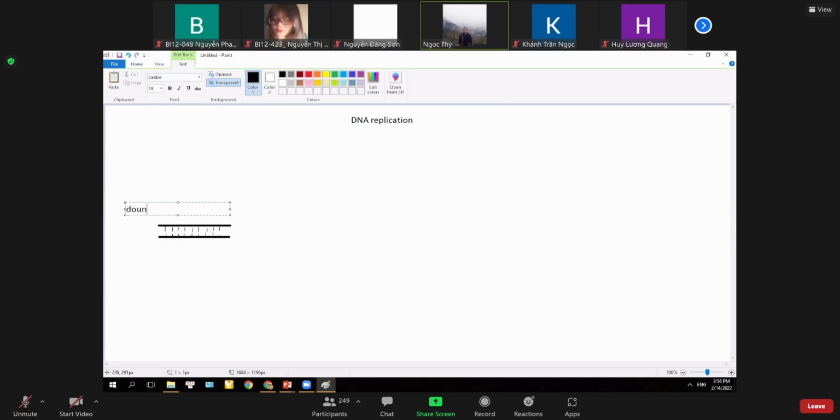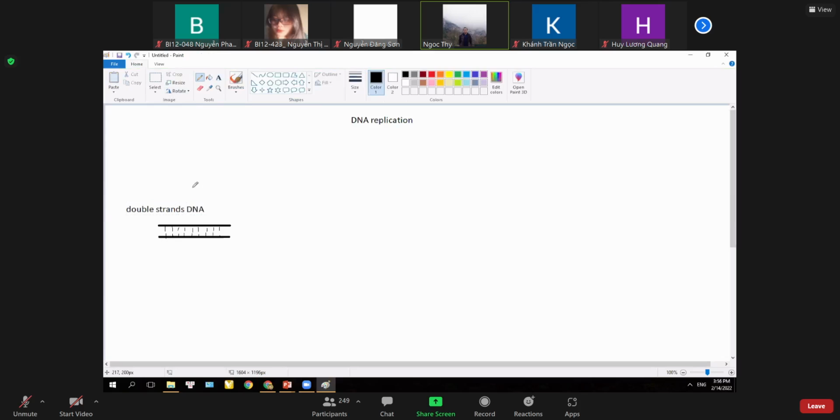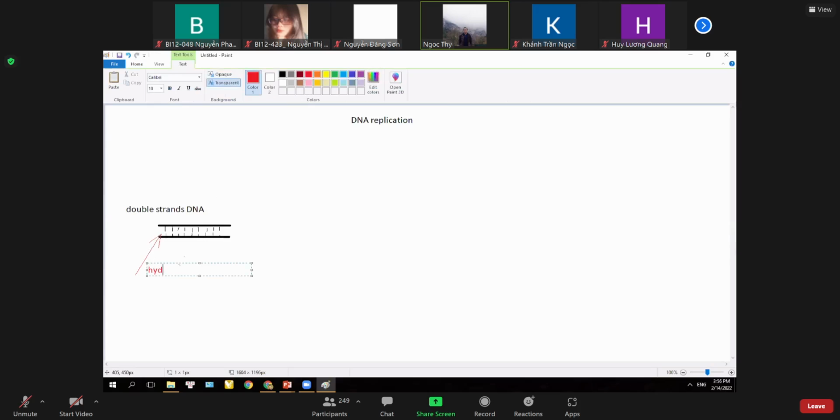This is the double strand. This is the hydrogen bond.